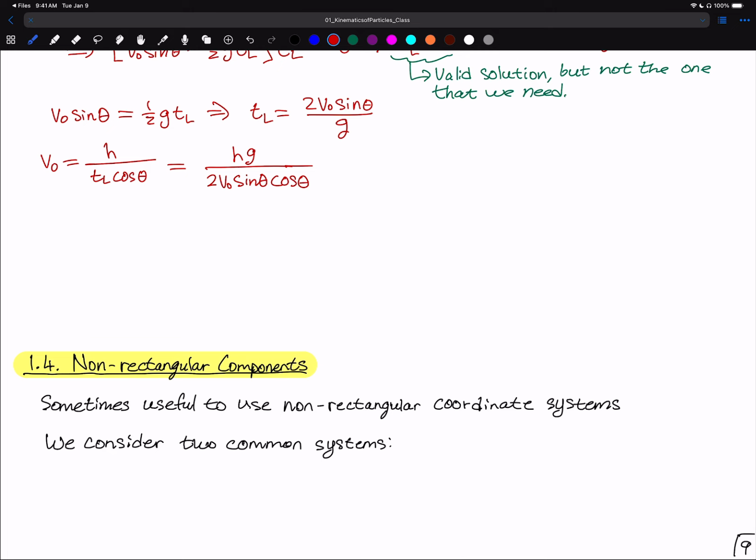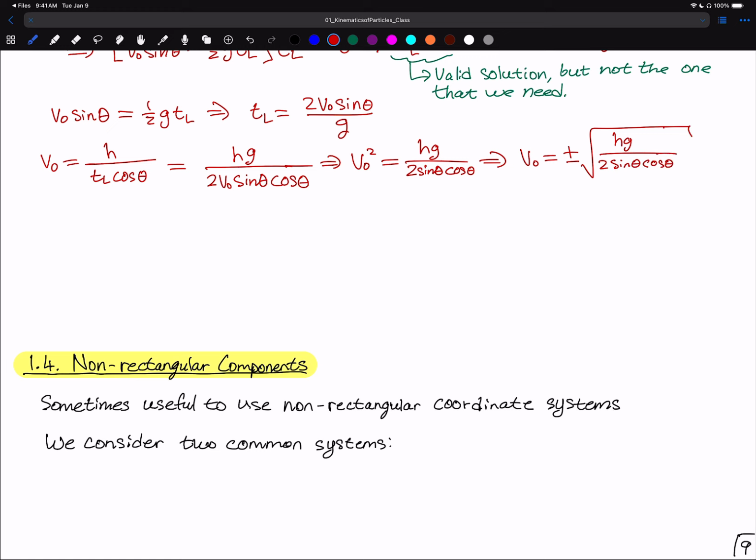Now we have v0 is equal to a quantity with a v0 in it. So we're going to multiply both sides by v0, and we get v0 squared is now equal to h g divided by 2 sine theta cosine theta. We'll take the square root of that, and we'll get that v0 must be equal to plus or minus the square root of h g divided by 2 sine theta cosine theta.